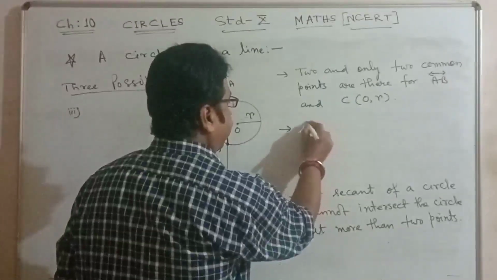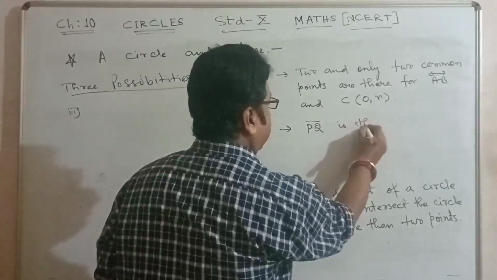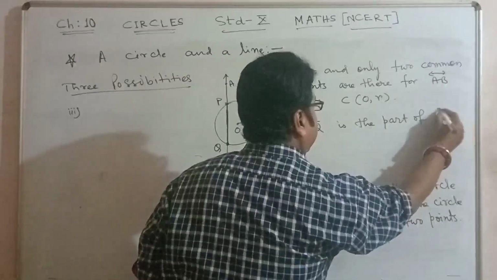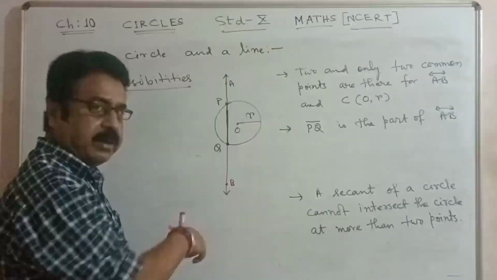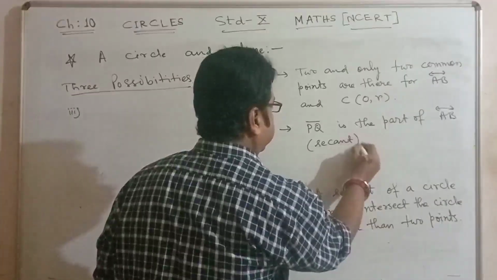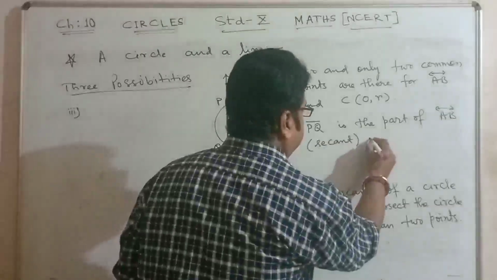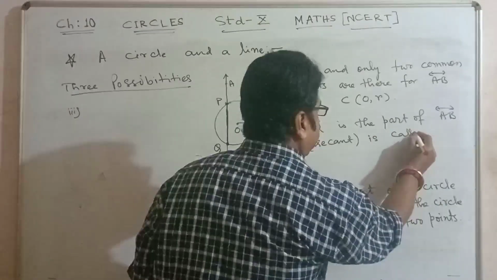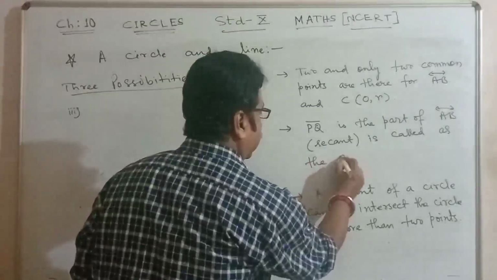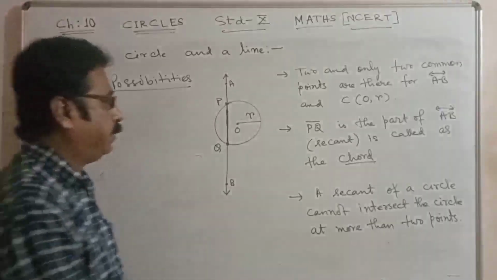Then PQ, this line segment, which is the part of the line AB called secant for this case, is called the chord of this circle.